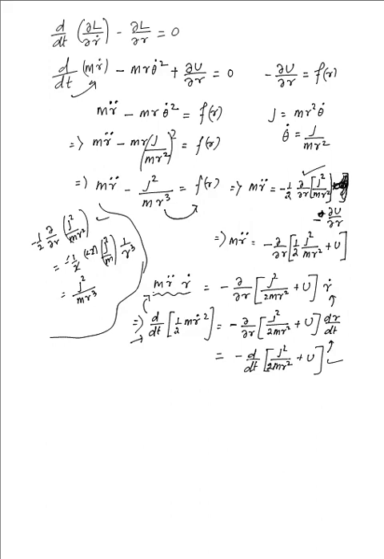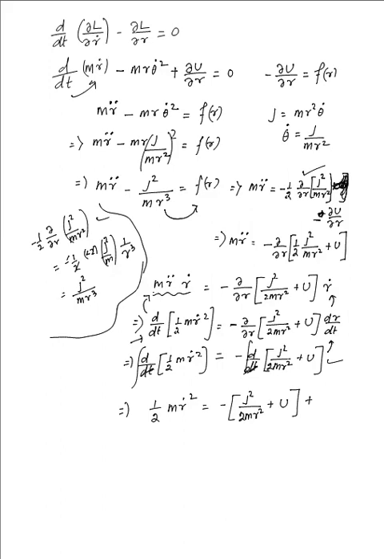So integrating both these sides, do I have to rewrite it again? Well, I just did it. So dt, strike that out. Integrating both these sides, what we get is half m r dot squared is equal to minus of this term, that is j squared over 2 m r squared plus u, plus some constant.